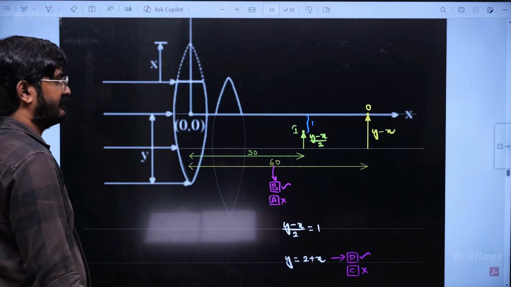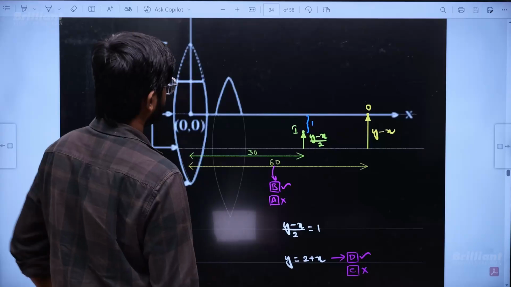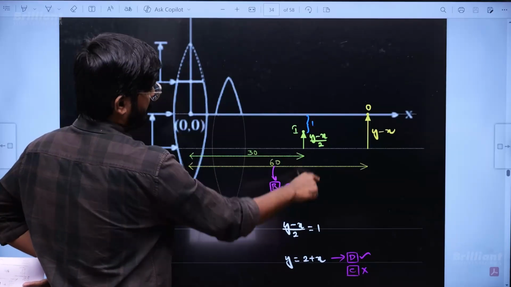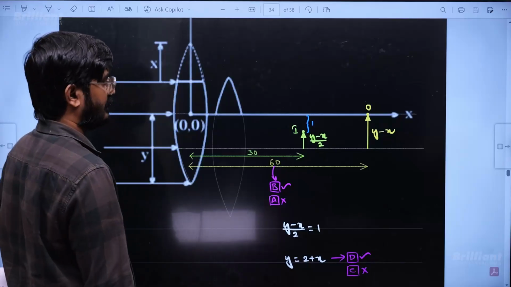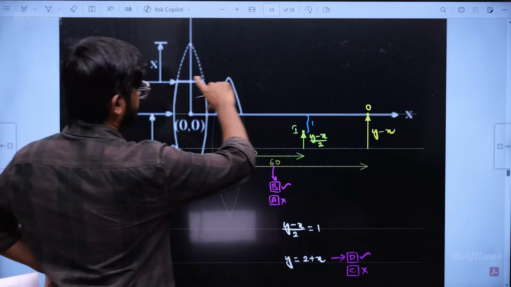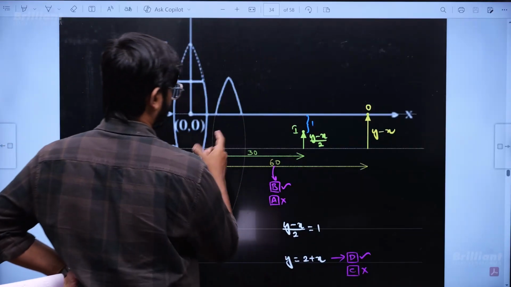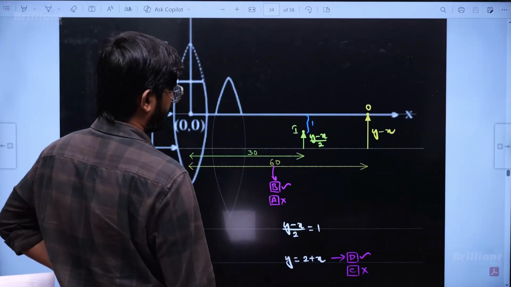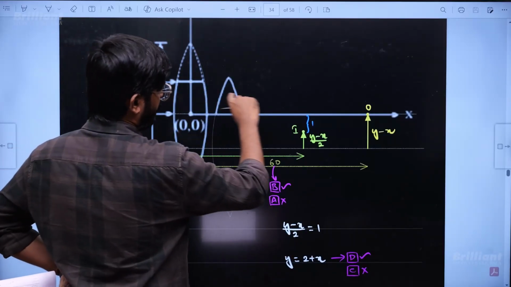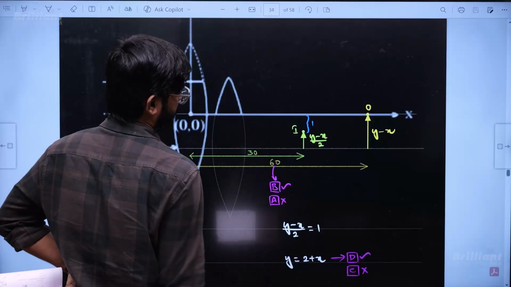If each focal length is 60, then the effective focal length is going to be only 30. Powers are going to add up. Or you can use the equation. Anyway, you will understand the image is forming here, so the focal length of the lens is 60.